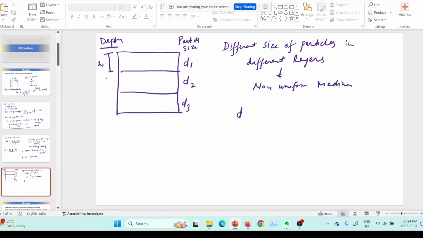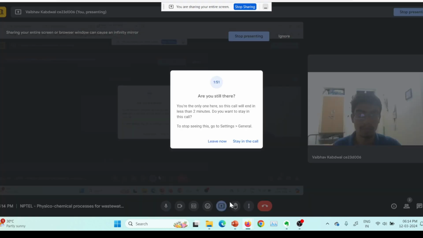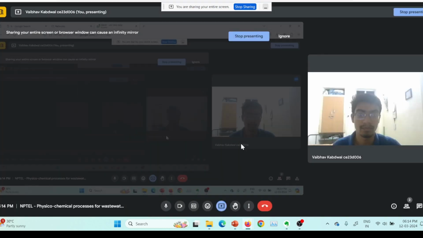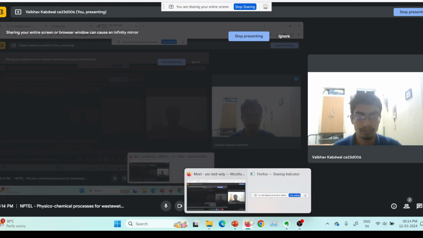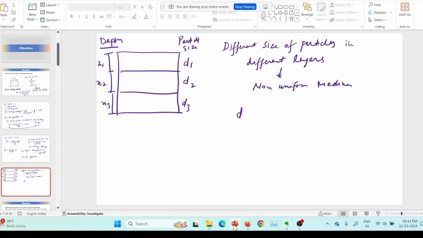Depth is x1, x2, x3, and x1 plus x2 plus x3, and more layers if there are any, will equal the total length of the bed.